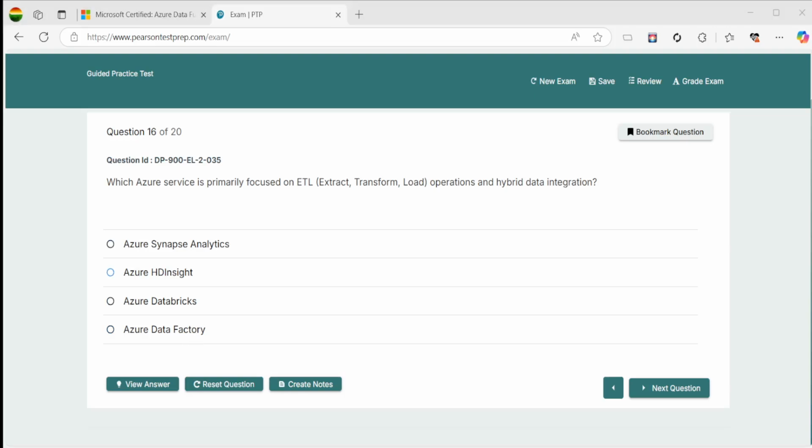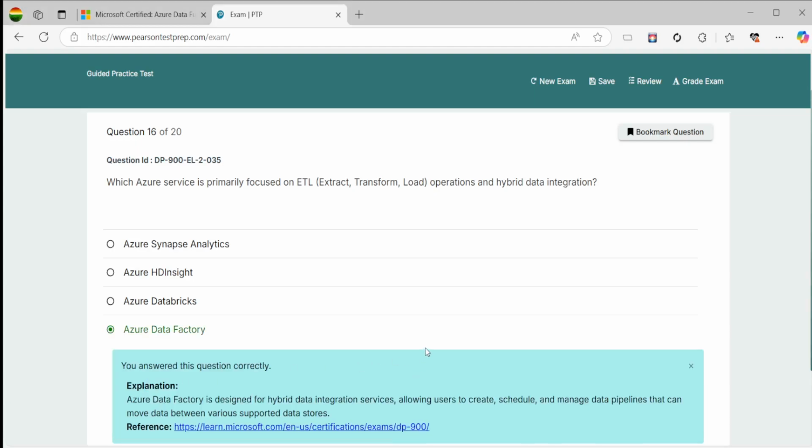So for ETL, the Azure service for this would be, well, Databricks isn't even an Azure service. It's actually an open source platform used for Spark. HDInsight is a storage system. Synapse Analytics is for real-time data. So the answer to this for ETL is Azure Data Factory.